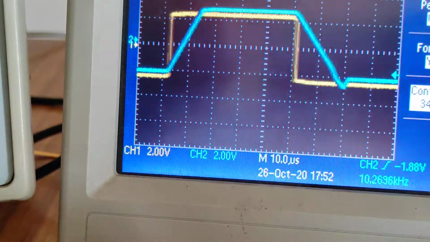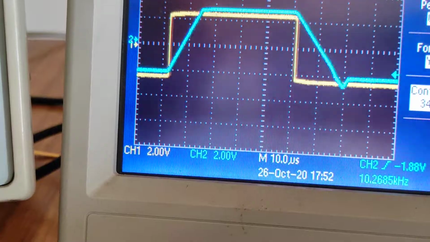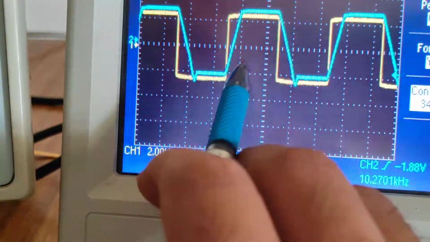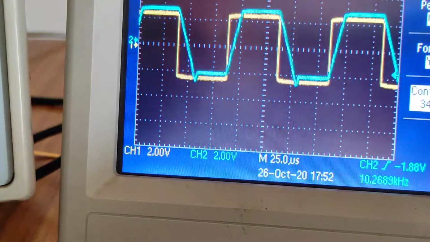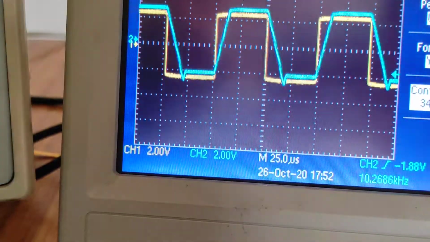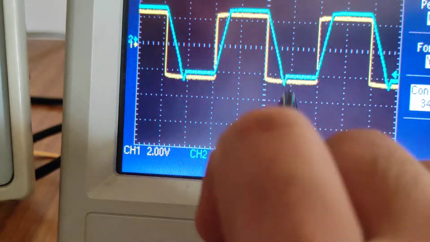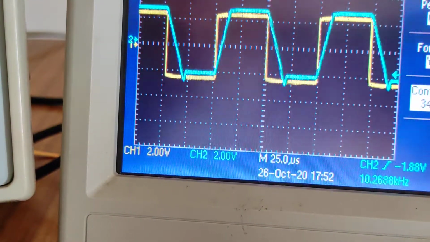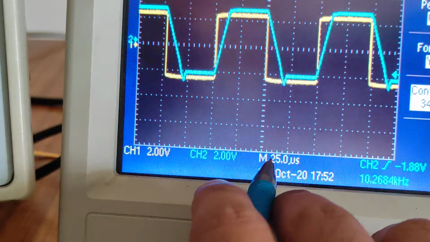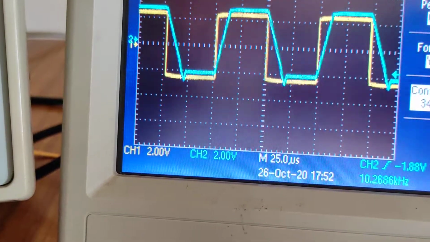So what is the input duration from here? If we calculate the input, one block, two block, three block, four block, which means 4 blocks of input, and one block counts 25 microsecond.